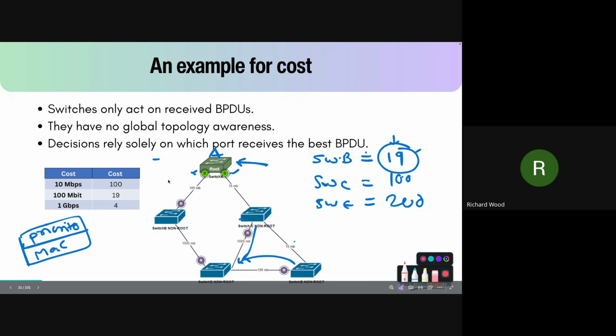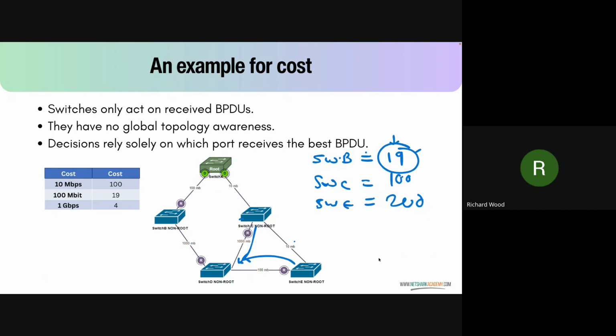The cost is an important factor because it's based on the media being used, whether it's a 10 megabit link, 100 MB link, or 1 gig, 10 gig, for example. They've all got their own individual cost values, and these need to be taken into account to decide your exiting interface to reach the root.